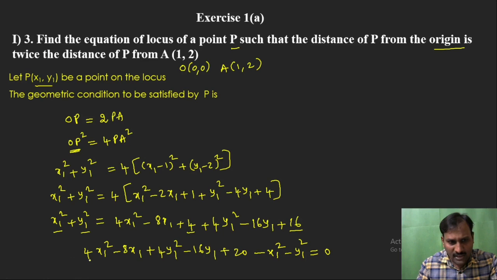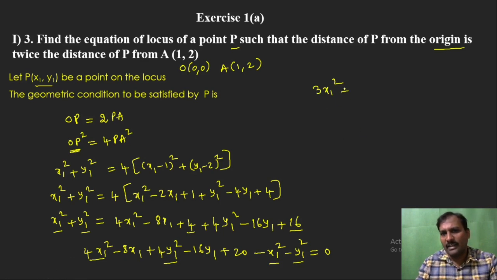So 4x1 square minus x1 square is 3x1 square, and 4y1 square minus y1 square is 3y1 square. Next, x1 term minus 8x1, next y1 term minus 16y1, and the constant term is 20, equal to 0.